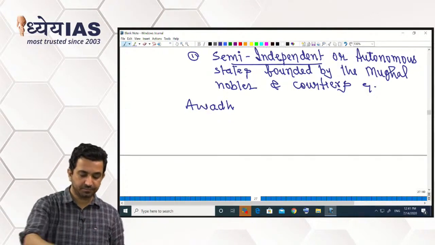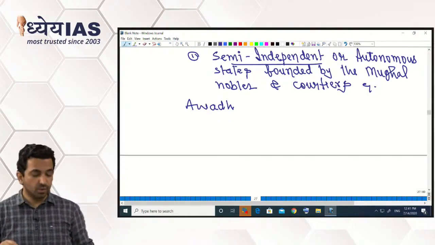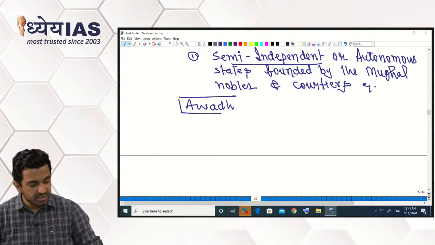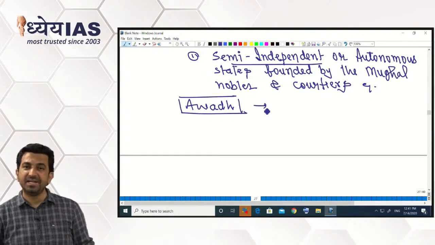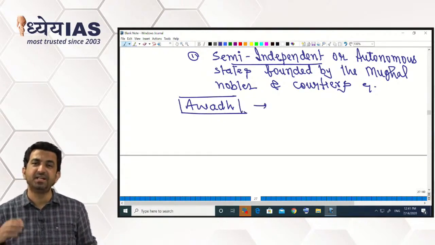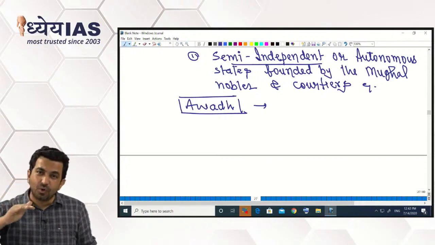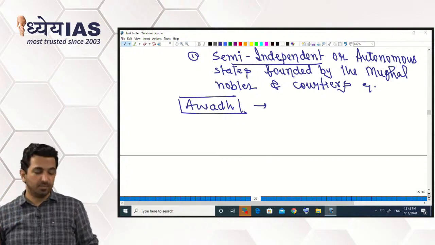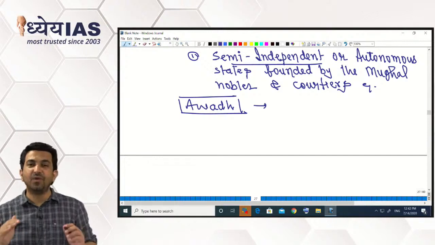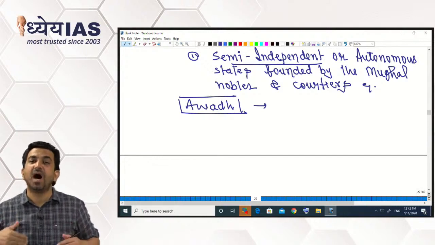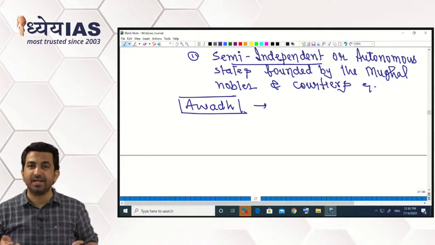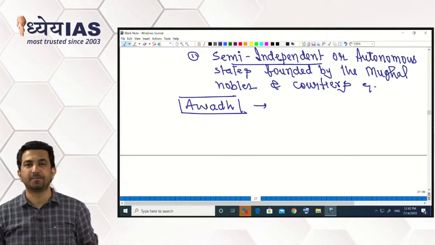Like Awadh. So Awadh was a semi-independent or autonomous state under the control of the Mughal Empire. But in actual, Awadh and its Nawabs, rulers, they behaved independently. They were left free to manage their internal affairs completely.